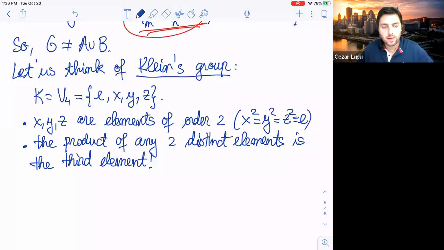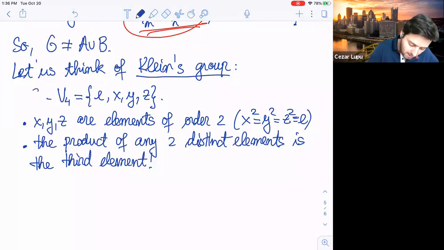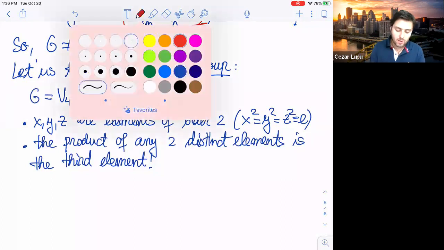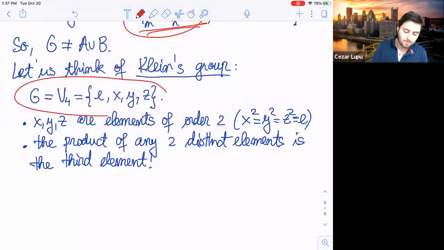And now, can you exhibit 3 proper subgroups? Let me call this G, so that G is V4. This is my group. Now, can you exhibit 3 proper subgroups?